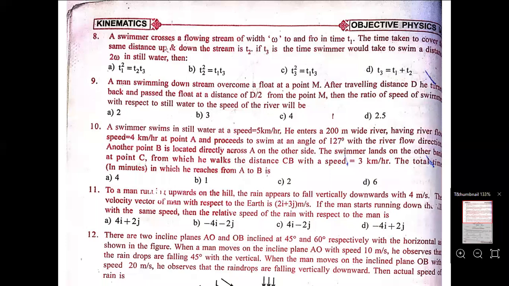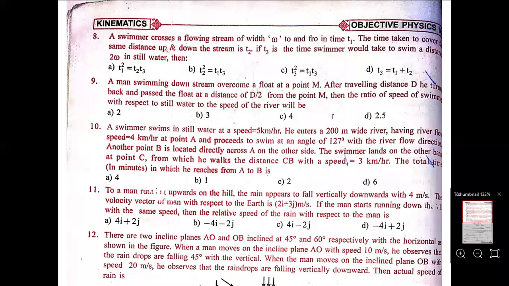Eighth problem. A swimmer crosses a flowing stream of width omega to and fro in a time T1. The time taken to cover the same distance up and down stream is T2.